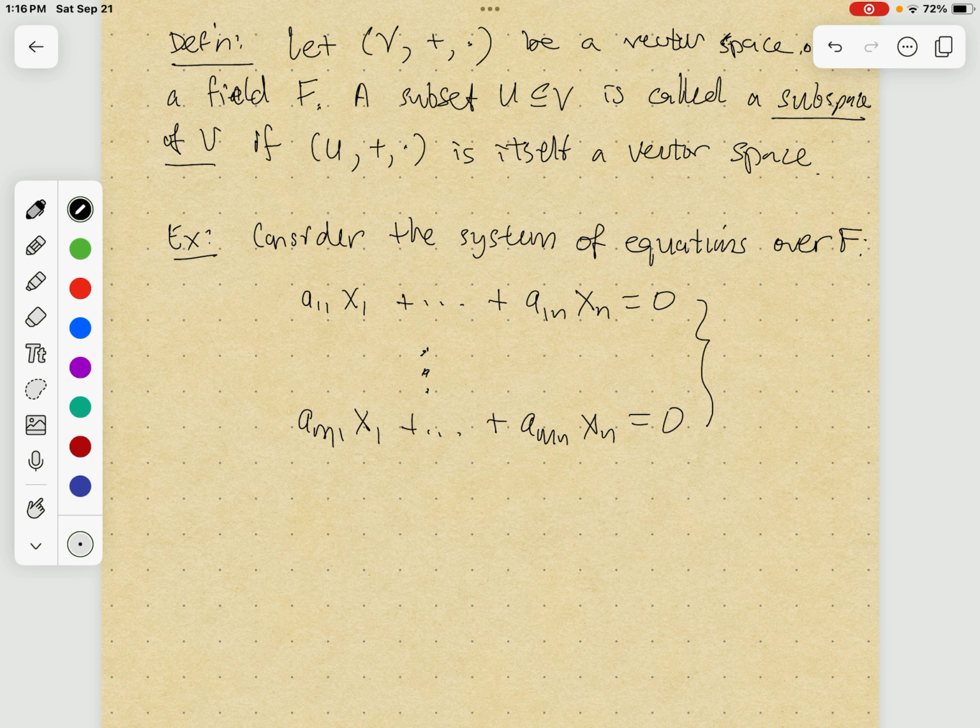This is a homogeneous system, because these constants are all 0. This is the homogeneous system of equations with coefficients in F.